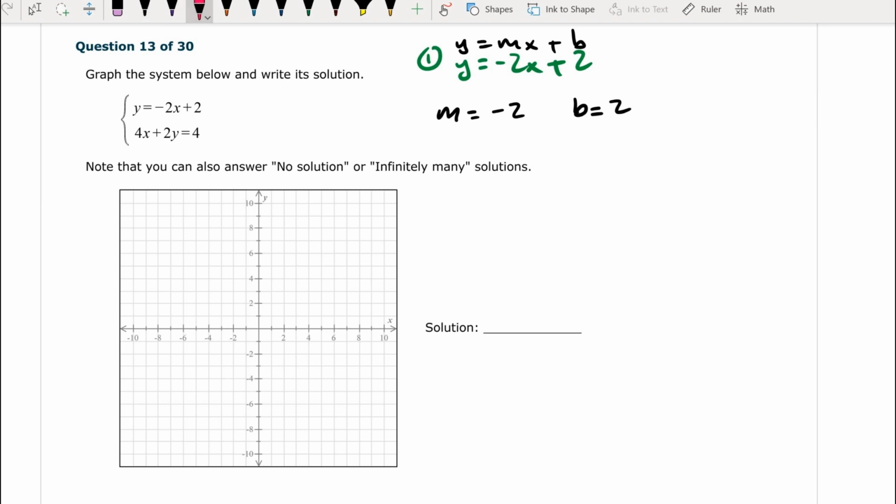To do rise over run, you need to write negative 2 as a fraction, which is negative 2 over 1. Begin at 2. Since it's negative 2, you go down 2 and run 1. So from the beginning, go down 2, run 1, down 2, run 1, down 2, run 1. Or you can also do the reverse, which is up 2 and to the left 1, up 2 and to the left 1. Then we draw the line through them.